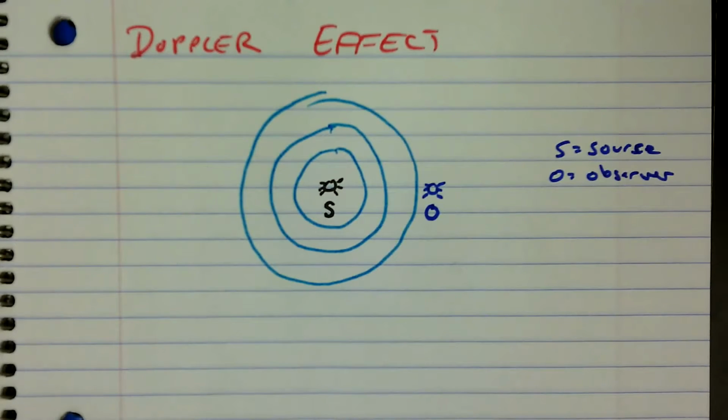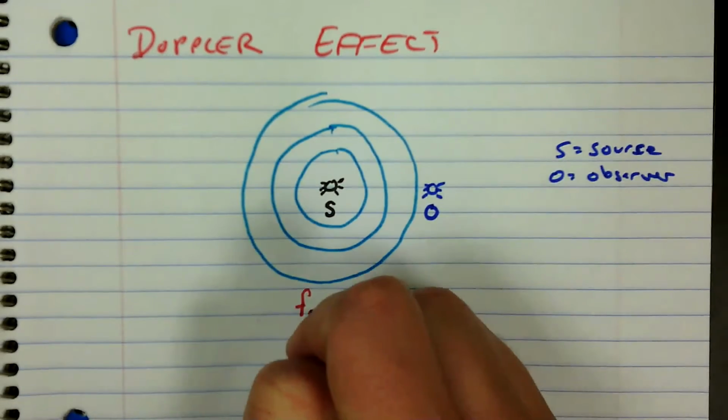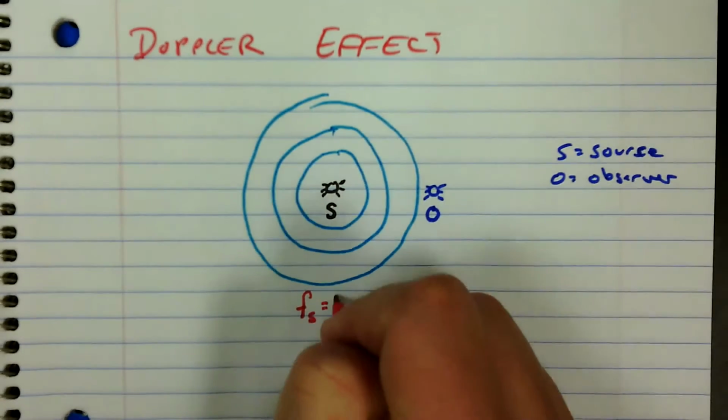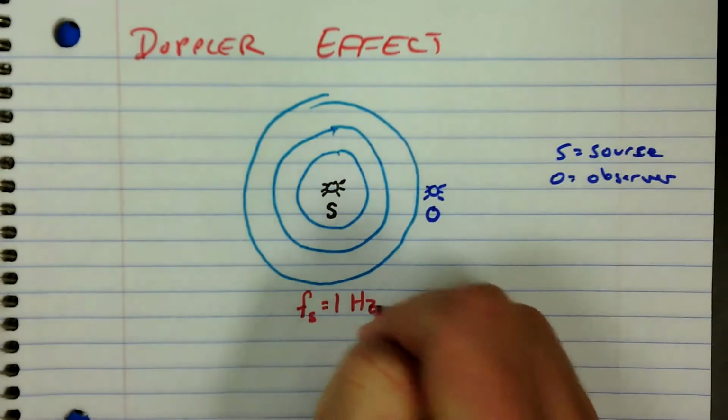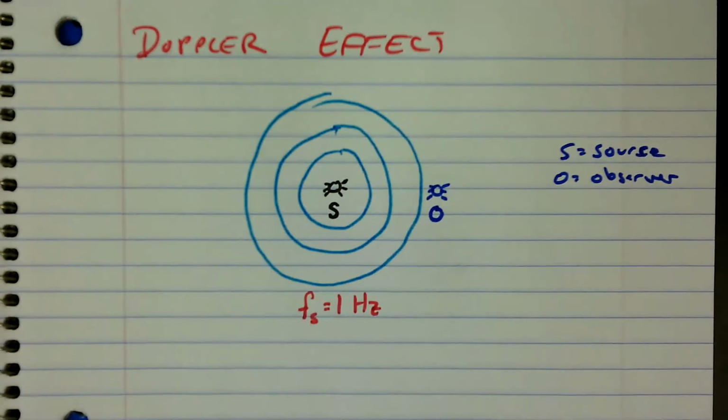Now, the frequency of the source, the frequency that you were jumping up and down, was 1 hertz, right? That was the frequency of the jumps. What is the frequency over here when the wave gets your friend? Yes, I'm giving you the scientific term.